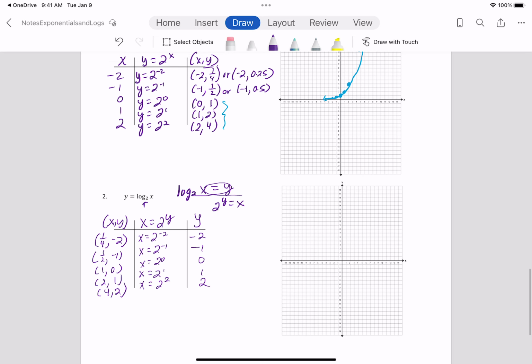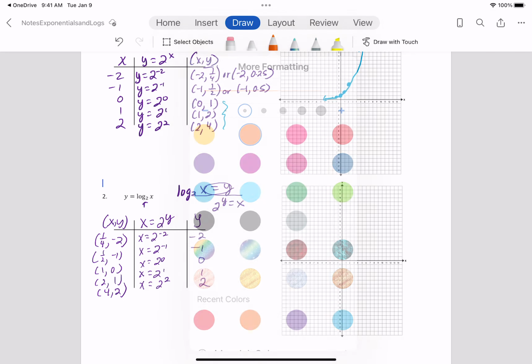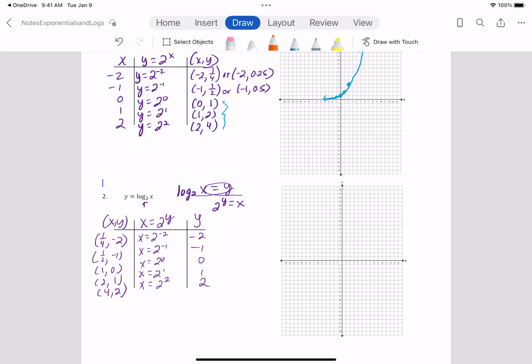So if you look back at that last graph, you see pretty much everything has kind of just swapped positions, right? If you notice, my x's over here match the y's for this one, and the ordered pairs that I got for that one match the ordered pairs that we got over here. Why would that happen?